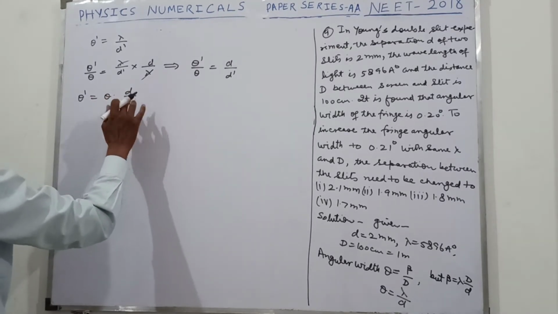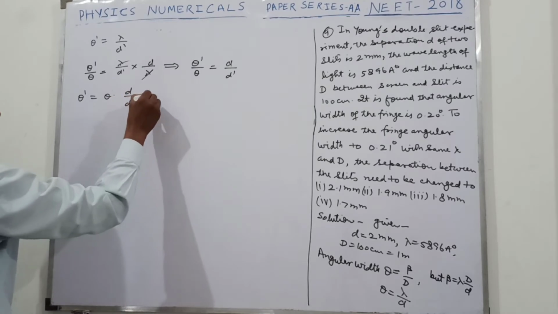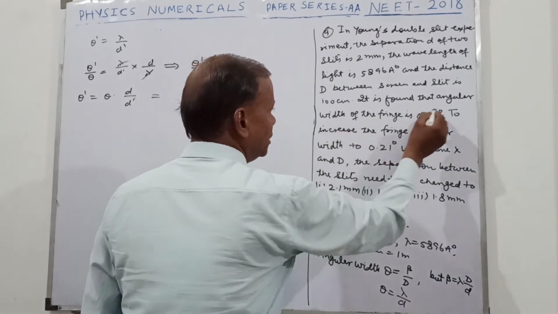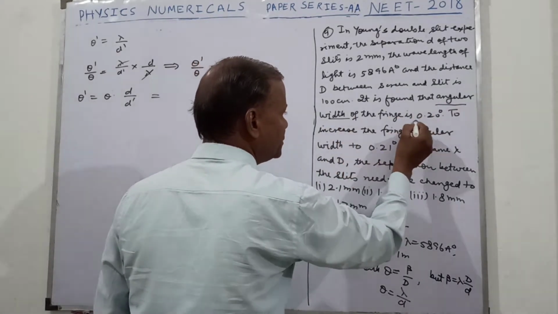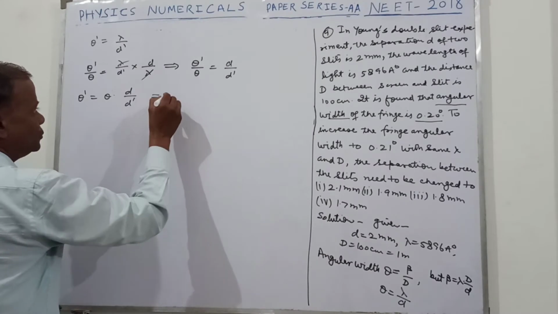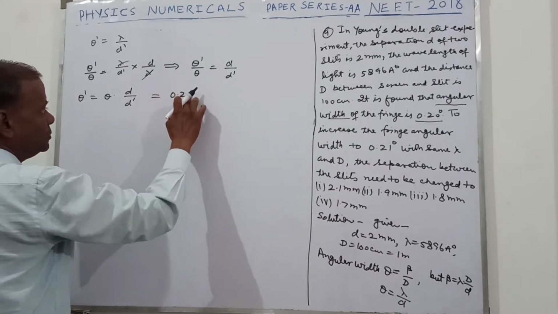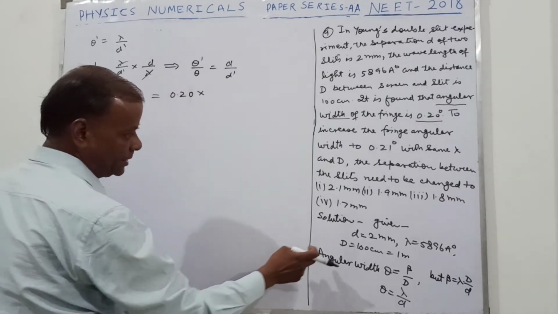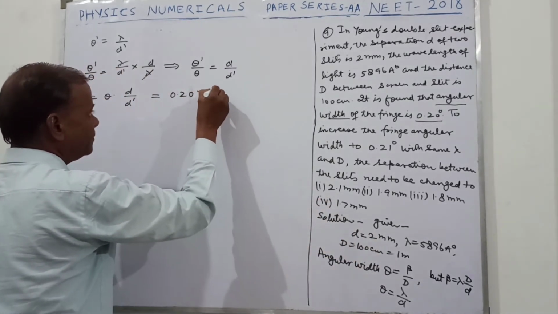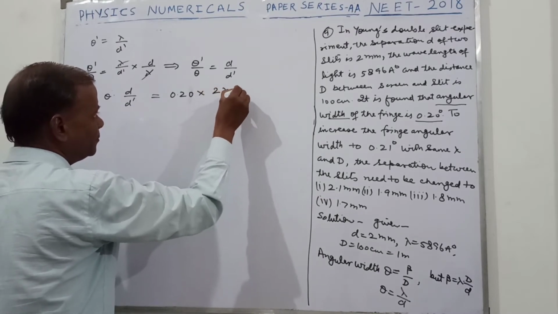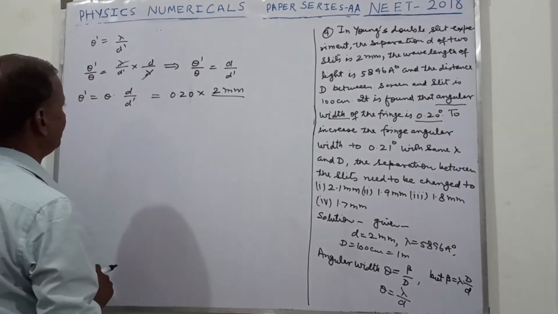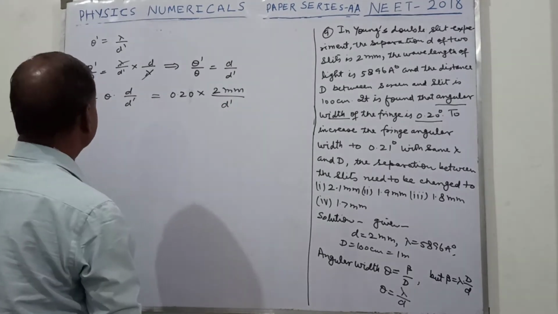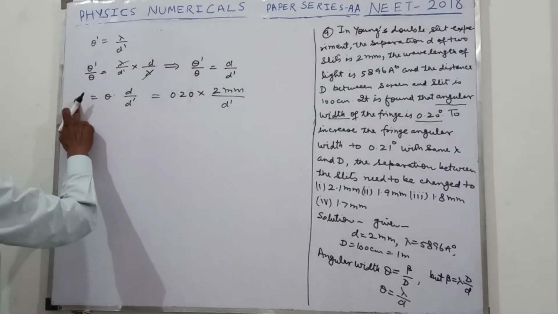Now you put the value. Theta is given to you, angular width is 0.20, and d is 2 mm. Upon d dash, which is to be changed. D dash we have to find, and theta dash is given to you.